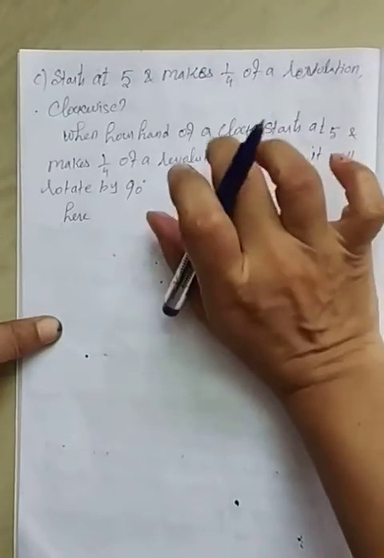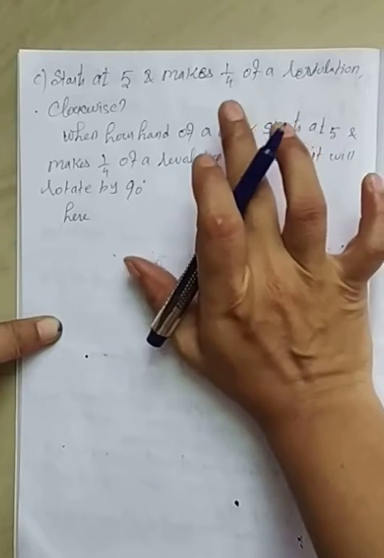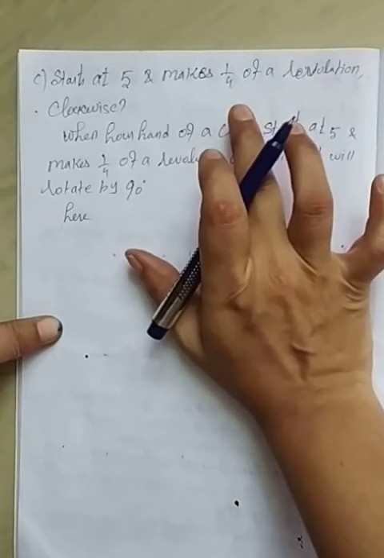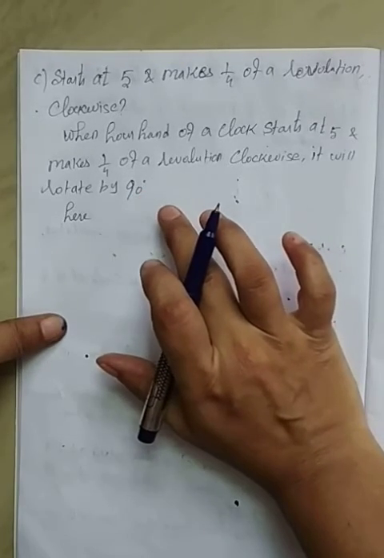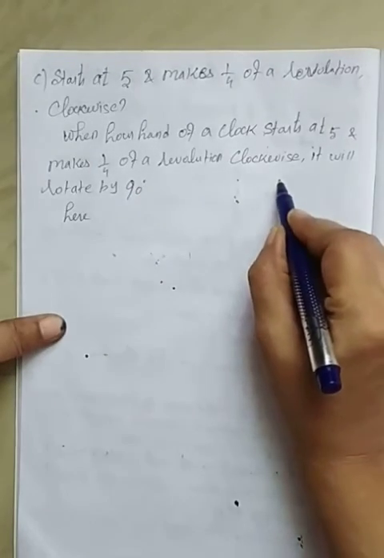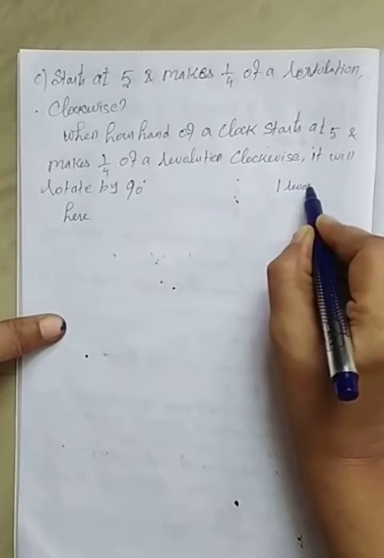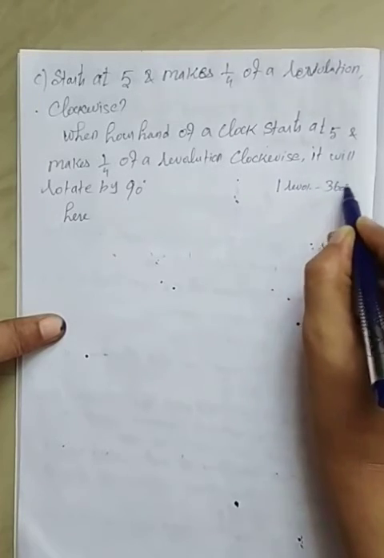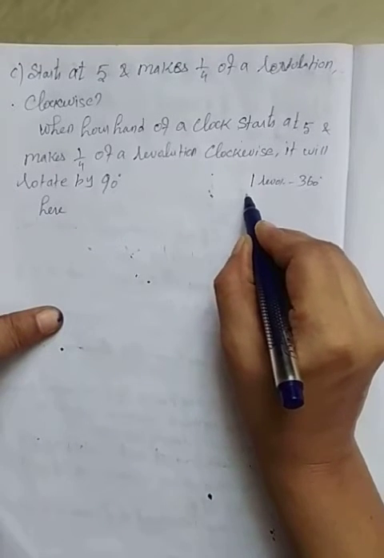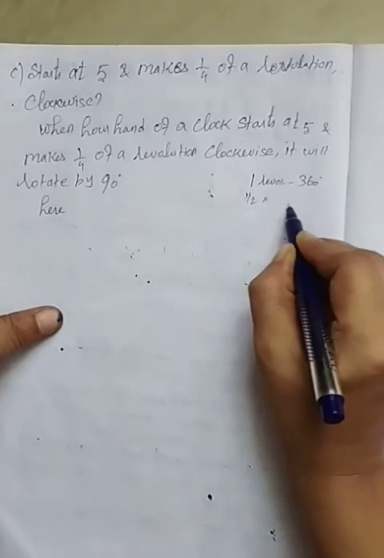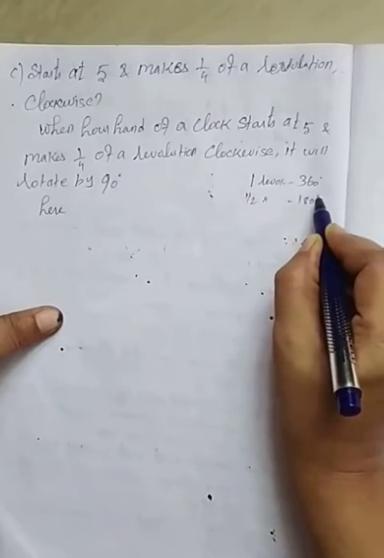Okay, one full revolution means 360, half revolution means 180, 1 by 4 revolution means 90, 3 by 4 revolution is 270. Clear? See here, 1 revolution means 360 degree, and half revolution means 180 degree.